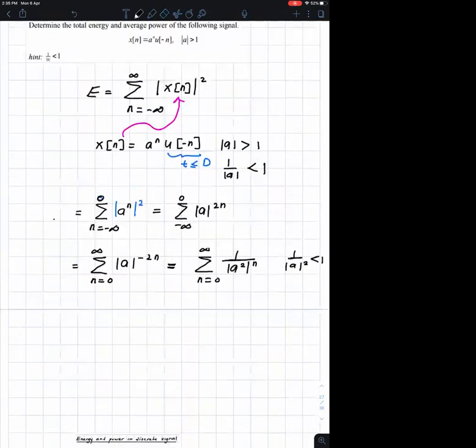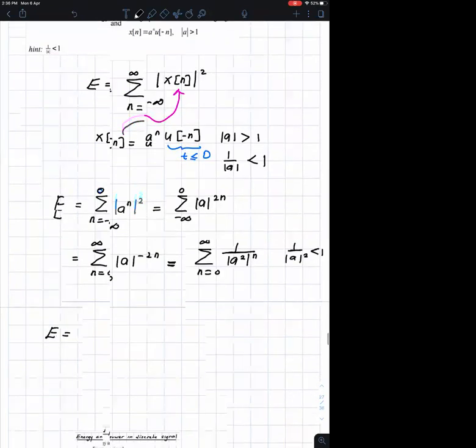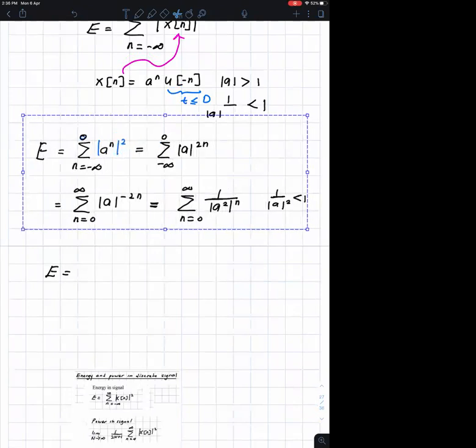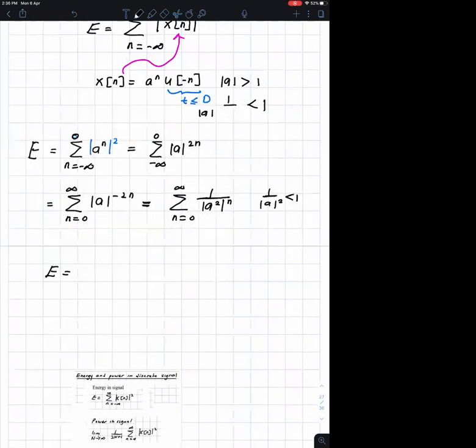It's supposed to be E. Now E can be written as the sum of 1 over a squared, the whole thing to the power n.